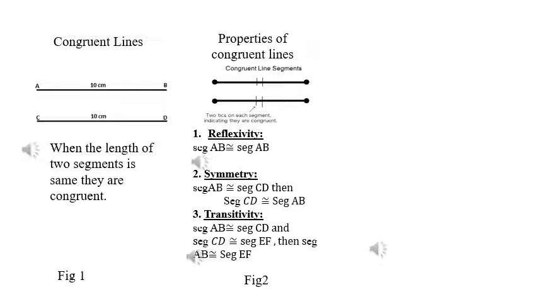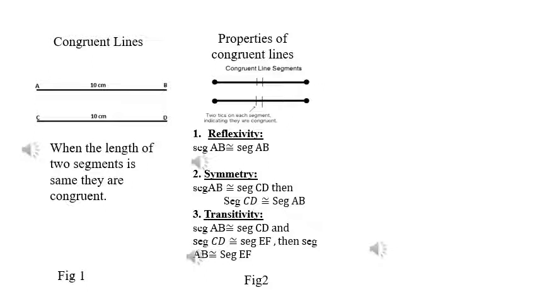Then we have the third one, that is transitivity. Now here the word transitivity tells us something is being transferred. So here we have an example given referring to our figure 1. Segment AB is congruent to CD.